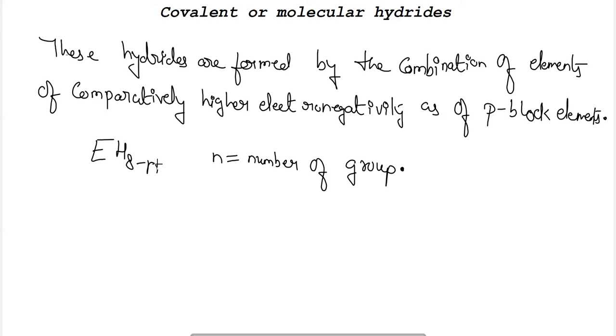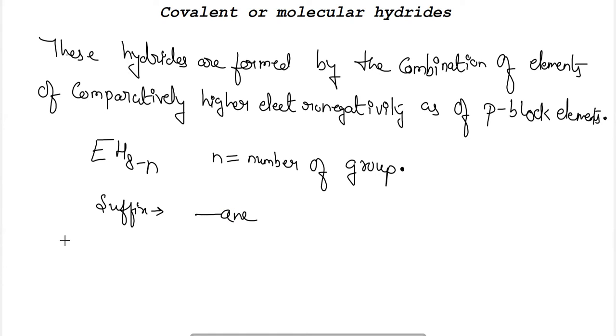Generally, the systematic names of the hydrides are formed from the name of the element with the suffix "ane".